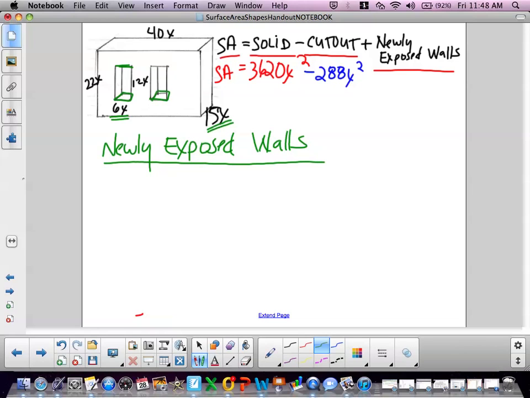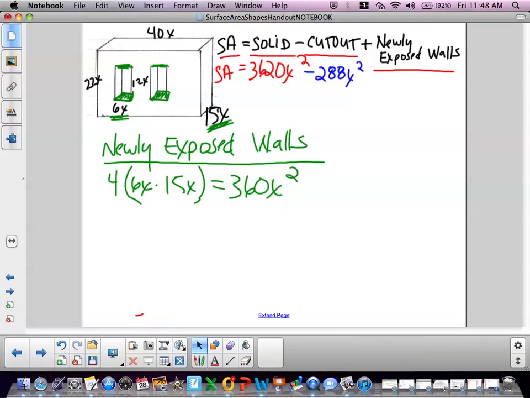One on the top, one on the bottom. And I have a pair of them. So here's my bottom, 6x by 15x. The top, 6x by 15x. And I have another matching pair on the other window. So I have 4 at 6x by 15x. And when I do the calculations for that, it's 360x squared.